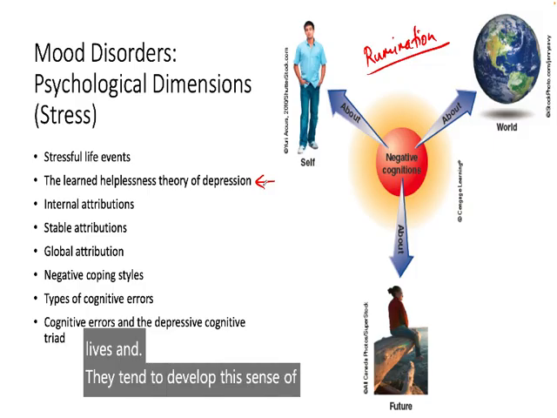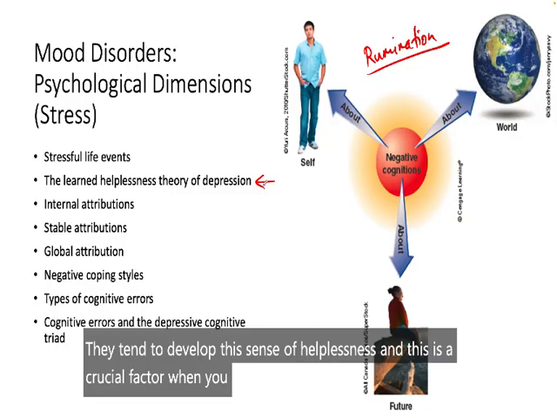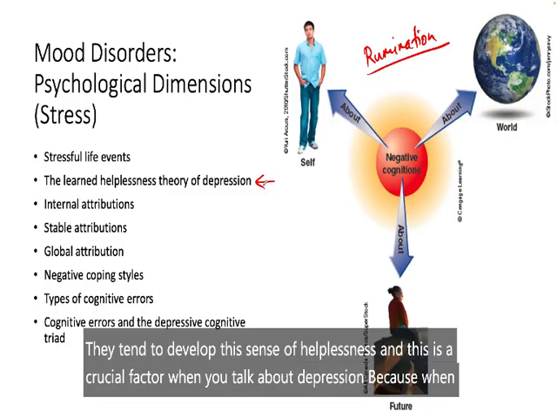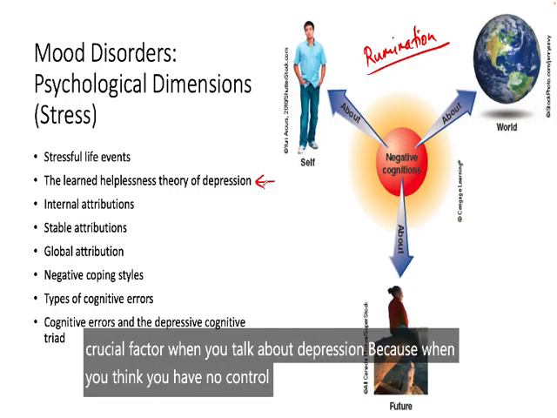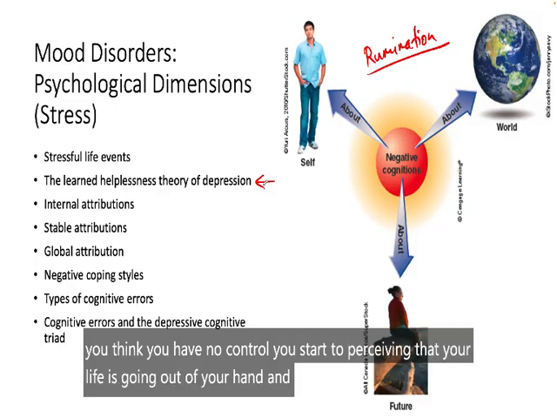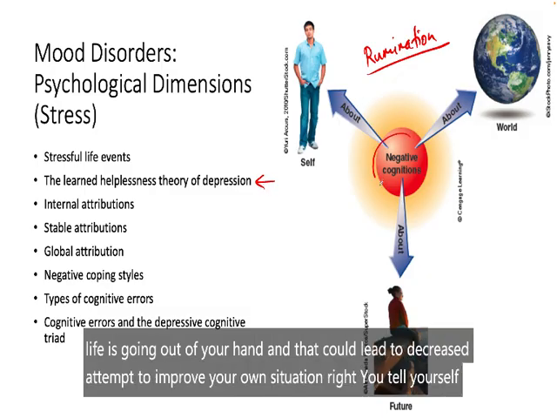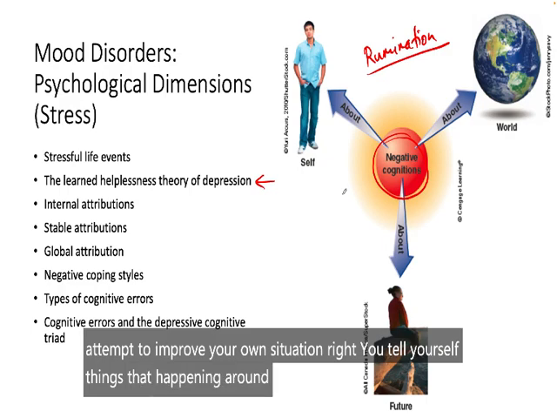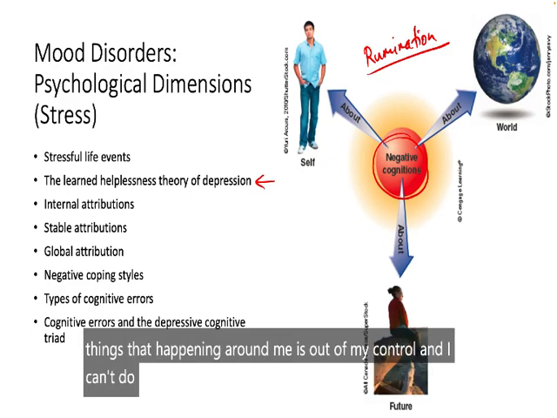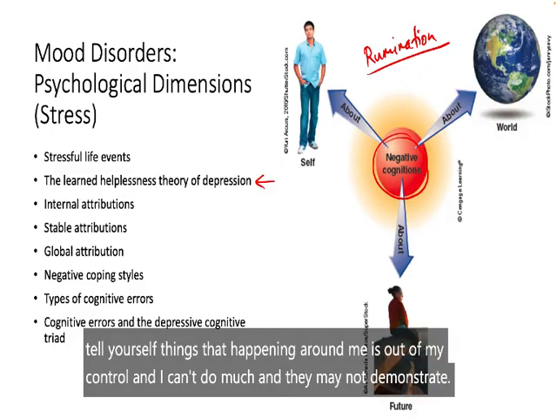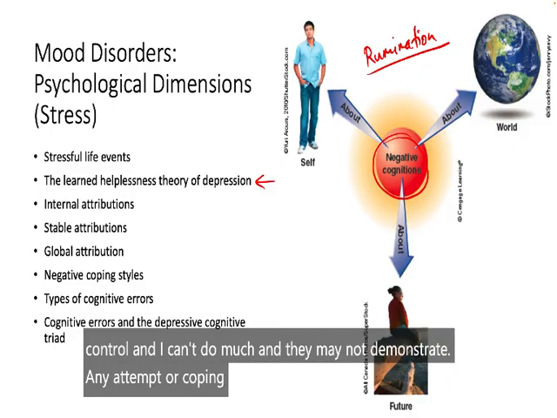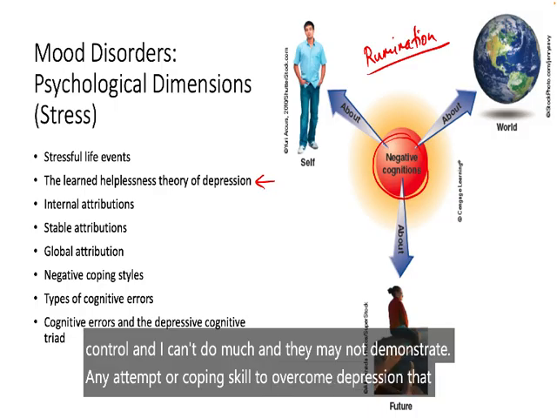This is a crucial factor when you talk about depression, because when you think you have no control, you start to perceive that your life is going out of your hands, and that could lead to decreased attempts to improve your own situation, right? You tell yourself, things that are happening around me are out of my control and I can't do much, and they may not demonstrate any attempt or coping skill to overcome depression. That could be a risk factor for depression.